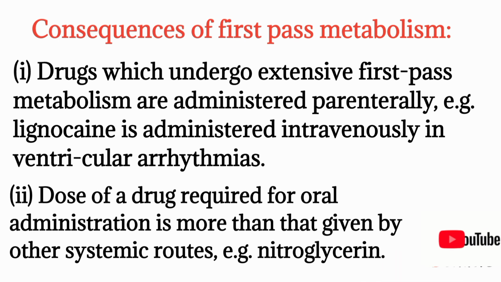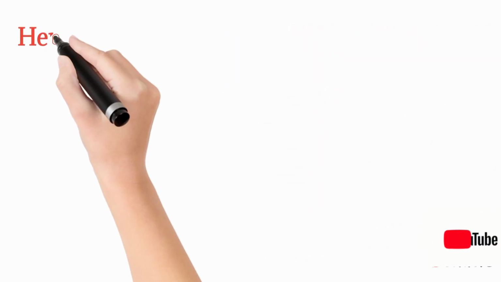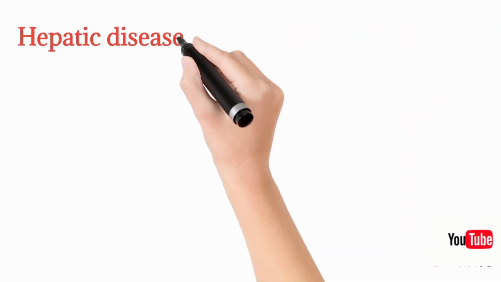Then we have other concepts like hepatic diseases. What does hepatic disease cause? Remember, if there is a liver disease, proper metabolism of the drug will not occur, and if metabolism of the drug is decreased, what happens? First pass metabolism decreases, so bioavailability of the drug will increase.